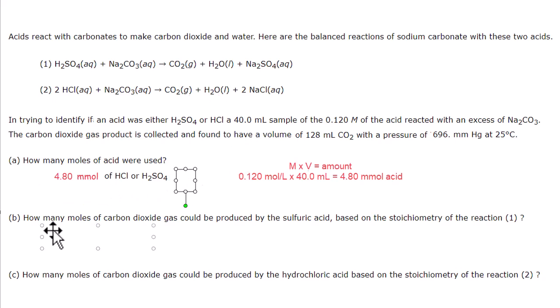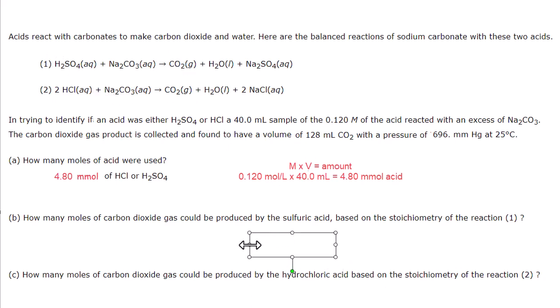Either one. How many moles of carbon dioxide gas could be produced by the sulfuric acid based on the stoichiometry? Well, here's our H2SO4, 1, and here's our CO2, 1. And we know a 1-to-1 relationship.